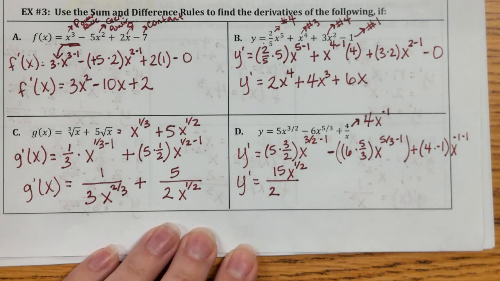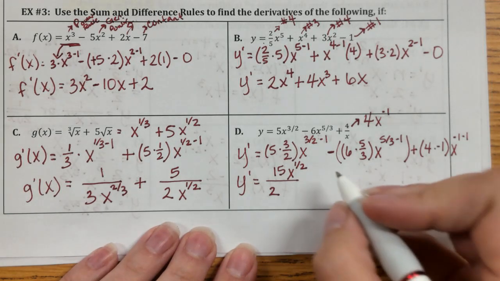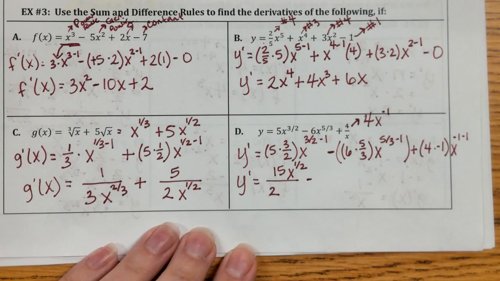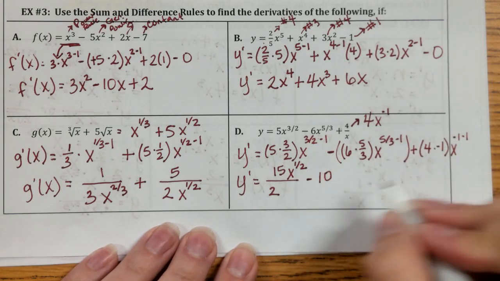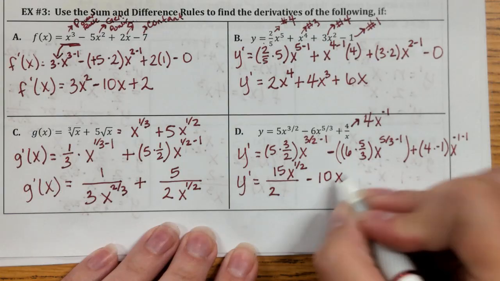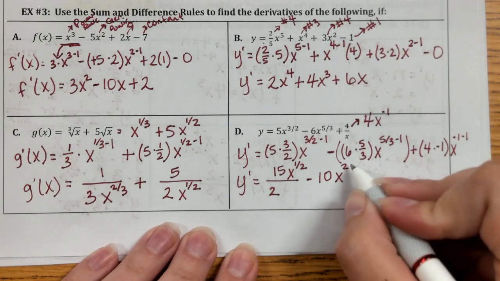You could also write that as a square root of x. Okay, so now we're subtracting. 6 times 5/3 is what? 10. Okay, and then what is my x to the power of? 2/3.